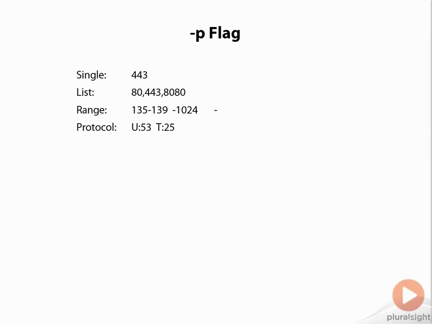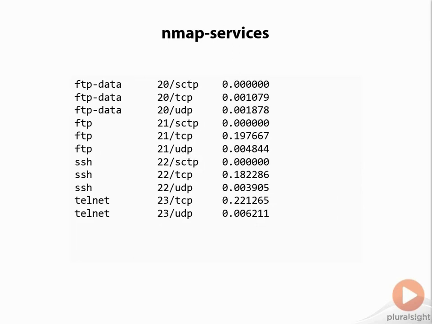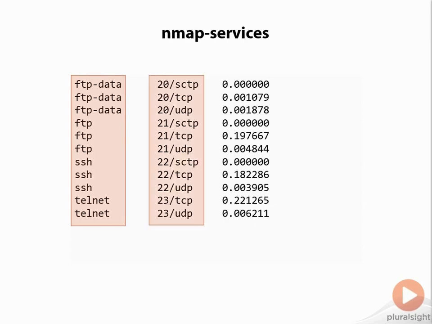Okay, let's talk about the nmap-services file for a few minutes. The nmap-services file is a configuration file distributed with Nmap that mimics the standard Unix /etc/services file. The services file is a table listing service names like FTP or SSH in column 1 and the associated port numbers in column 2.